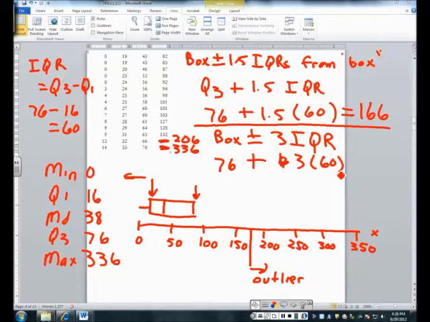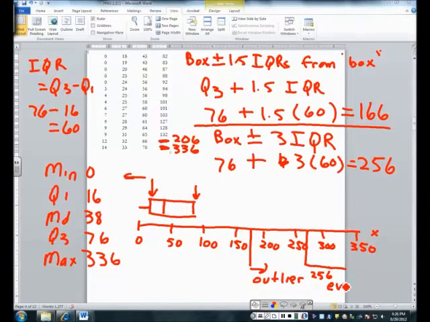And for extreme values, we go 3 IQRs away. So what'll that be? 180. I think that's 256. Is that right? Let's see, 180, yes, 256. So anything above 256 is going to be an extreme value.